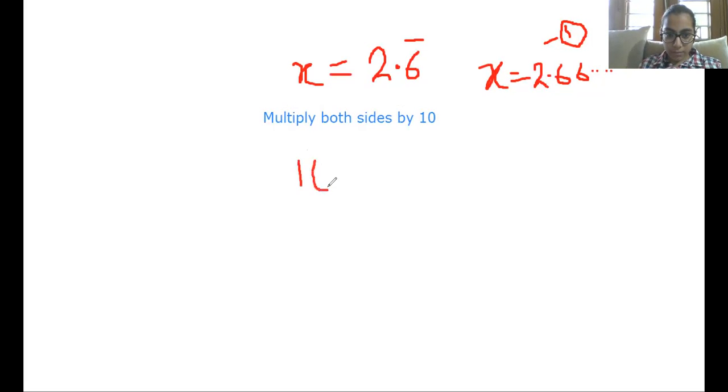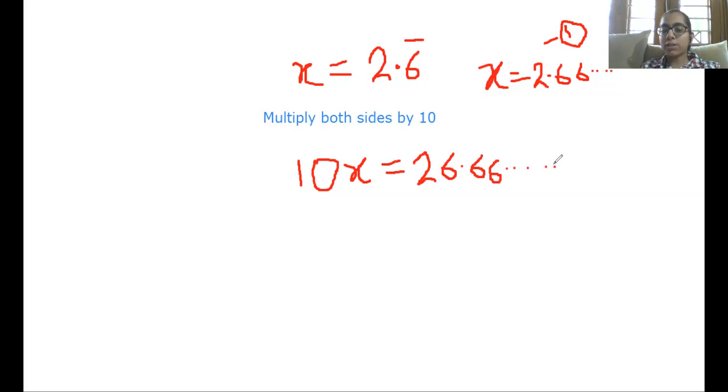So if we multiply both sides, what do we get? 10x equals 26.66 and so on, right?